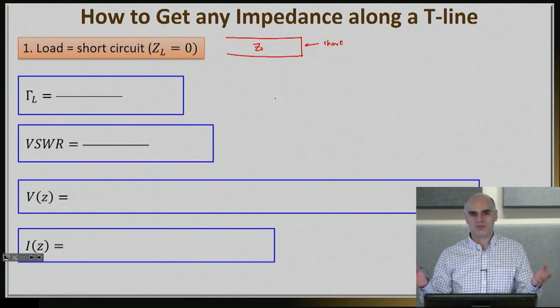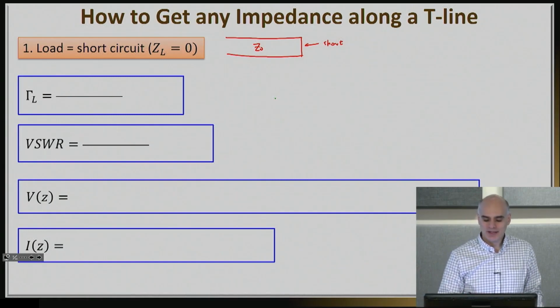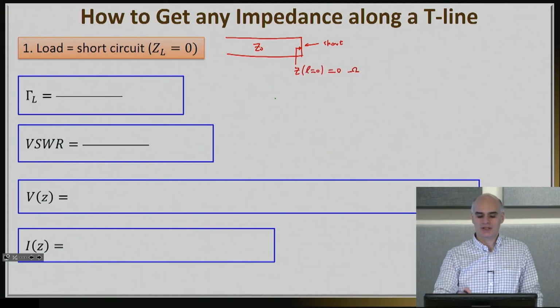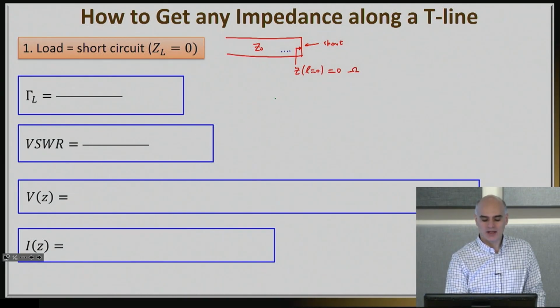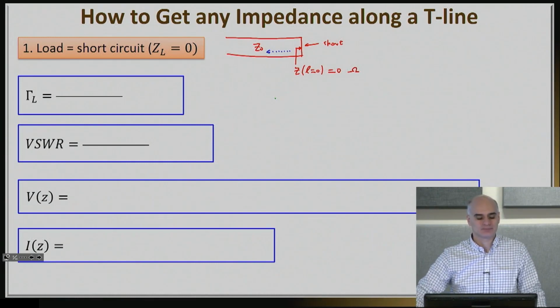Just take two pieces of wire and short them at one end. What we will find out is that even though ZL, when L is equal to 0, is equal to 0 ohms, of course, as you start moving away, this can change quite dramatically.